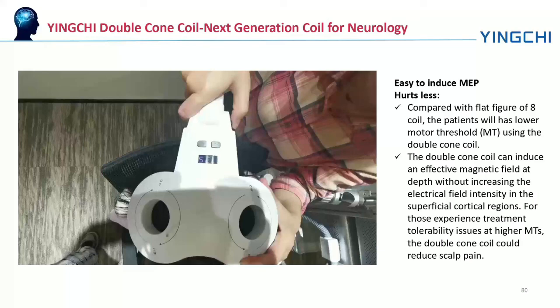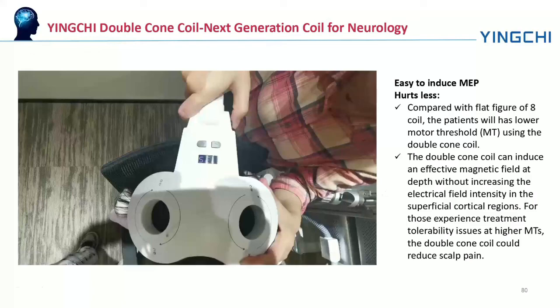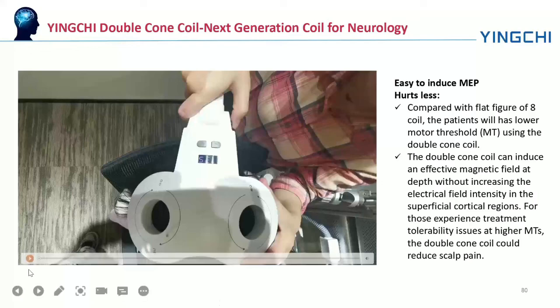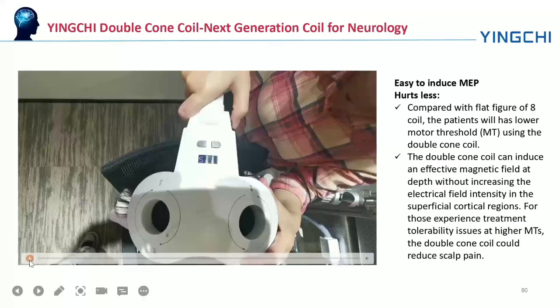For those who suffer from tolerability issues at higher motor thresholds, the double cone coil could reduce their pain. Let's see a video of how the double cone coil induces the motor evoked potential and how it is used in measuring the motor threshold.